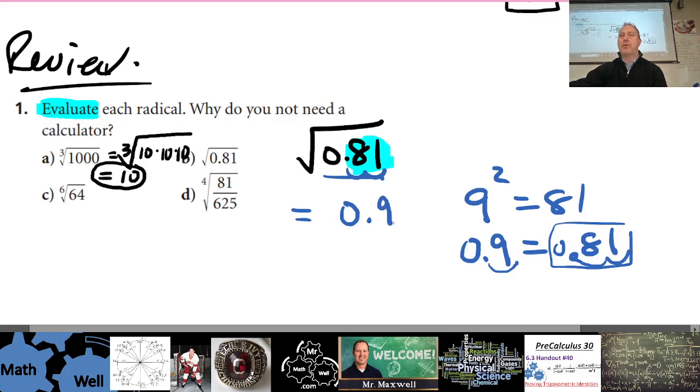0.9. Another way to look at this is, you're asking yourself if this is reasonable. Is 0.81 90% of 0.9? You're taking 90%. It's like 0.9 times 0.9. Is 90% of 0.9 equal to 0.81? Yeah.